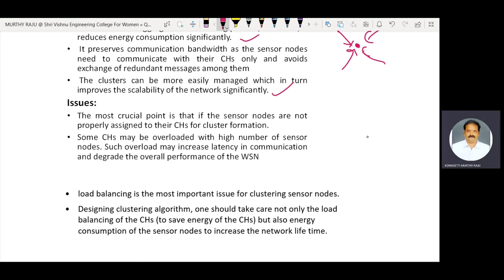Because of scalability, an extra 4 nodes are added. In that scenario, some cluster heads may be overloaded with a high number of sensor nodes. Such overload may increase latency. Latency means delay in communication, and it degrades the overall performance of the IoT networks. IoT is nothing but WSN, IoT networks.